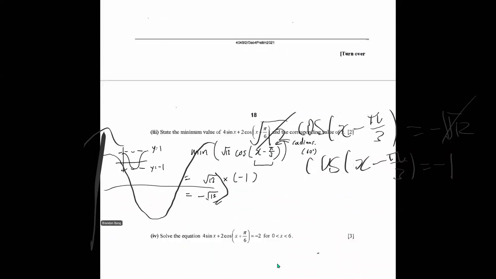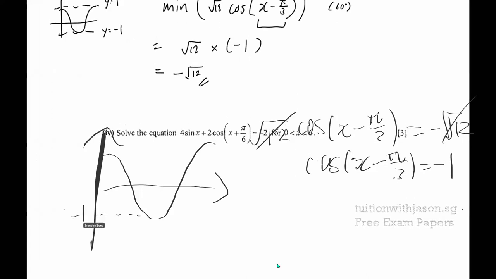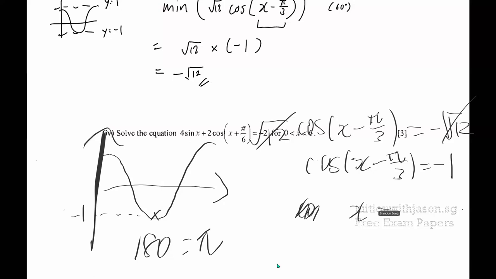Okay, no restriction on X, just draw the normal curve, yes. And equals negative 1, so there's only one intersection, which is pi radians. Okay, so is it X that is pi, or is it X minus pi over 3 that's equal to pi?